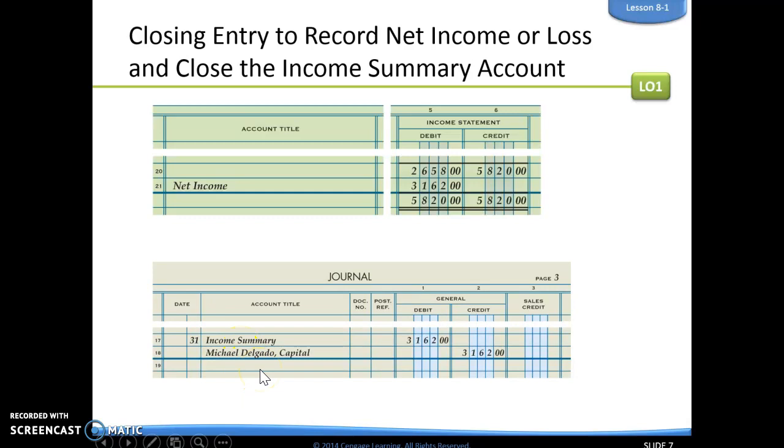It will depend on if we have a net income or a net loss. If we have a net income, we're crediting capital. If we have a net loss, we would debit capital. This ends up closing income summary at the same time that we're recording that net income or net loss. So we're going to debit income summary, credit capital.